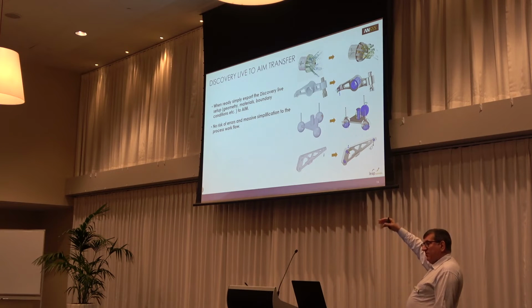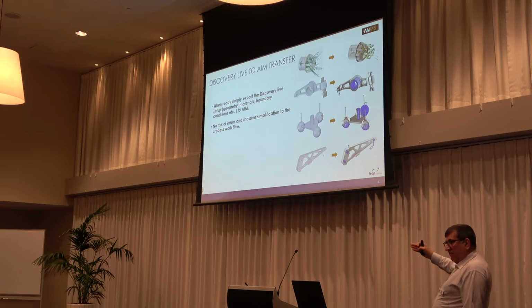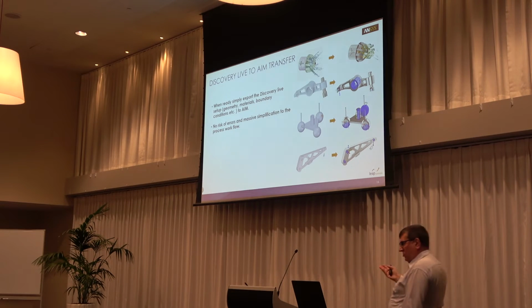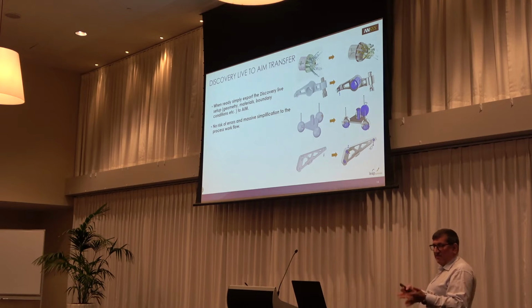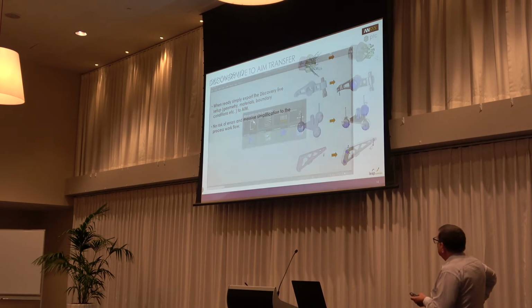And then from AIM, of course, you can then send those models to Mechanical if you need to, or to Fluent. So that's providing you with a workflow where you're not duplicating work. So one of the criticisms could be, oh, if I do it in Live, I've got to start all over again when I go to AIM or to Mechanical. No, you can do a transfer.